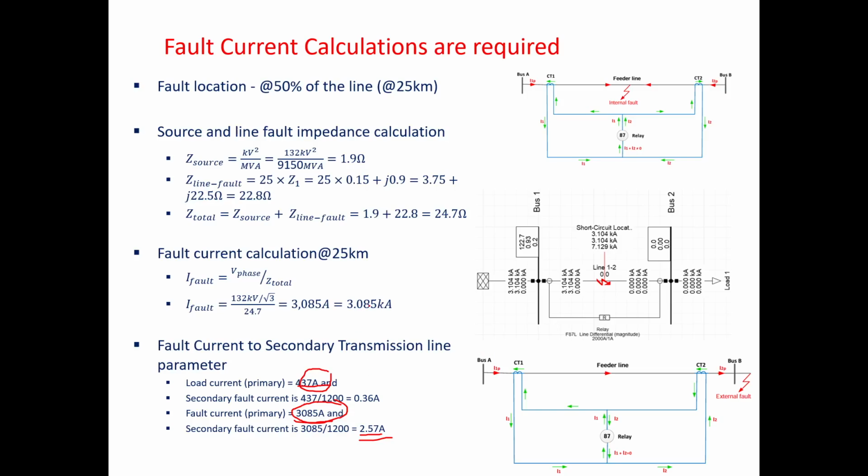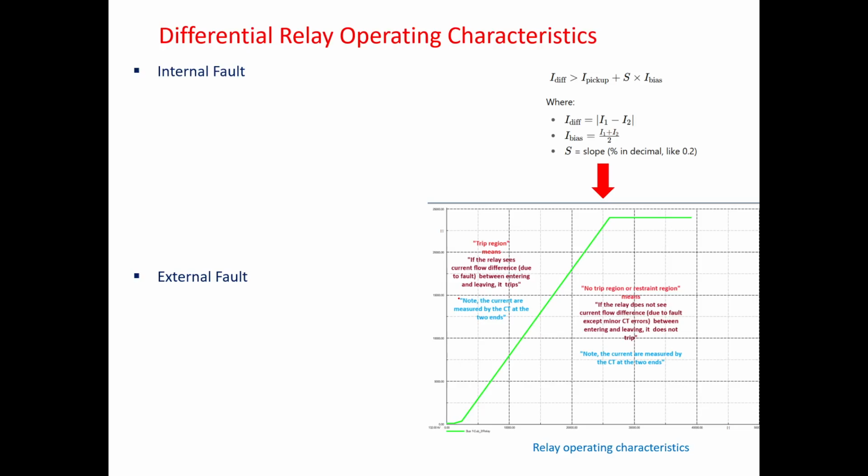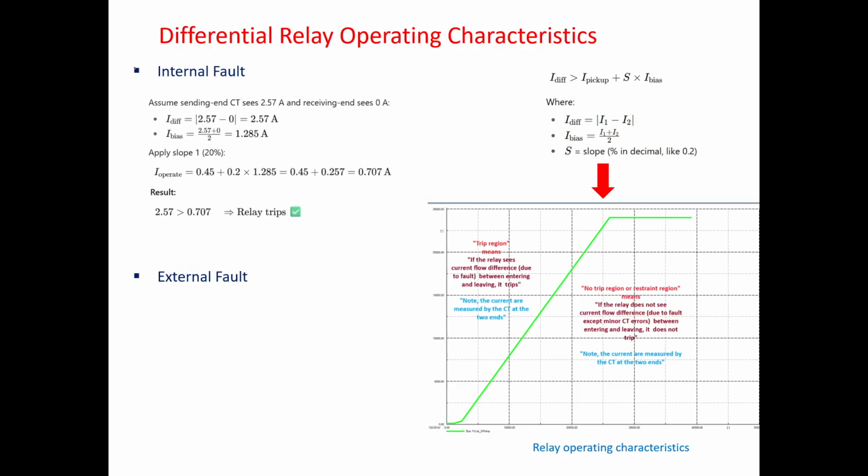So now we need to understand how this relay will trip when there is an internal fault and how it will behave for a fault on the external. So during the internal fault, we need to calculate in theory. The differential current is the difference of the currents, which is 2.57 minus 0.